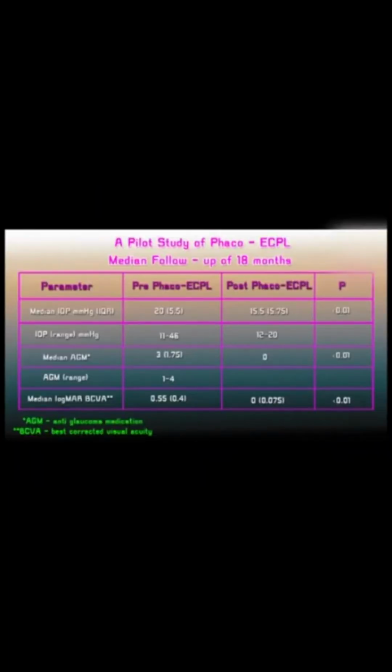We conducted a pilot study of 10 eyes of 9 patients who were treated with combined phacoemulsification and endocycloplasty for angle closure disease. We have a median follow-up of 18 months now, and at this follow-up, median IOP decreased from 20 to 15.5 mm mercury, and the median number of anti-glaucoma medications decreased from 3 to 0. And logMAR visual acuity improved from 0.55 to 0.